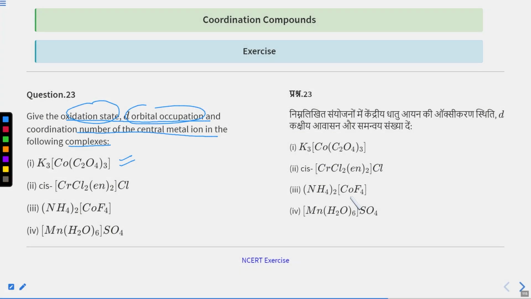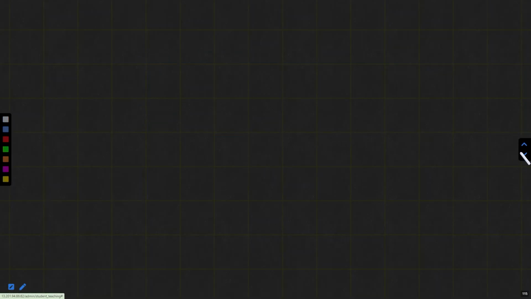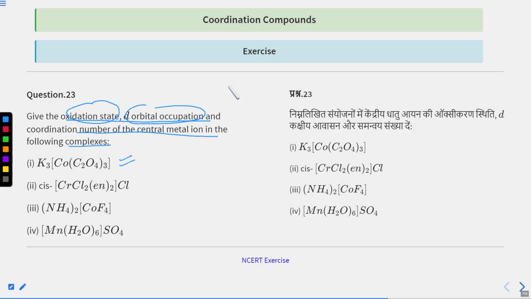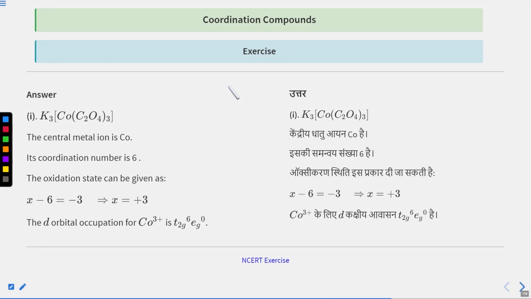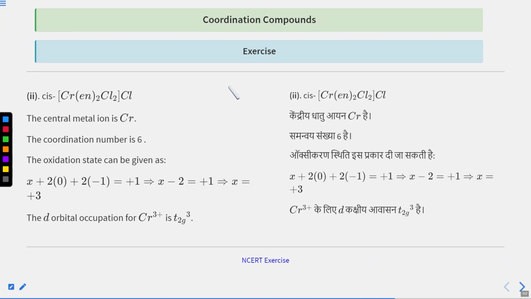Next we have cis-[CrCl2(en)2]Cl. Let us just see the first one. The first one goes like this: +3 oxidation state, and it has pairing. Clear? What about the cis one? If you find the oxidation state, it comes out to be +3.